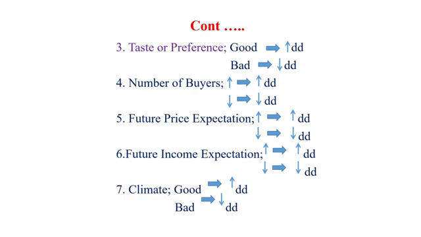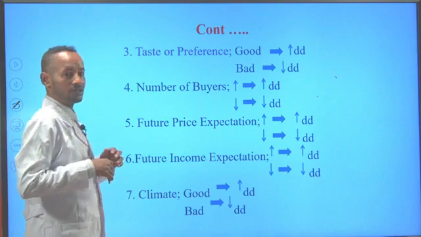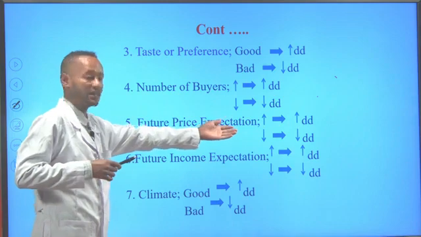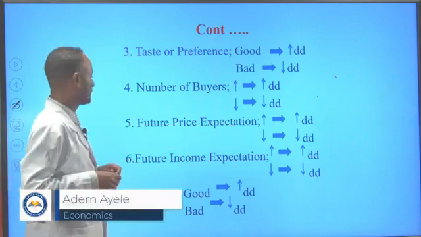Another determinant is future price expectation. If you expect higher prices in the near future, then you will buy more of a commodity now, and if you expect lower prices in the near future, then you will buy less of a commodity now. So there is a direct relationship between changes in the direction of future price expectation and the demand for a commodity.